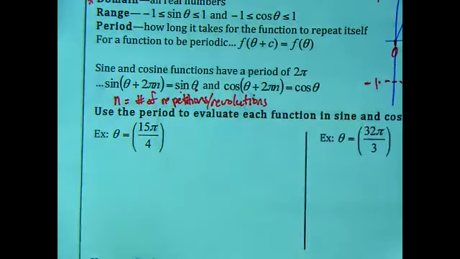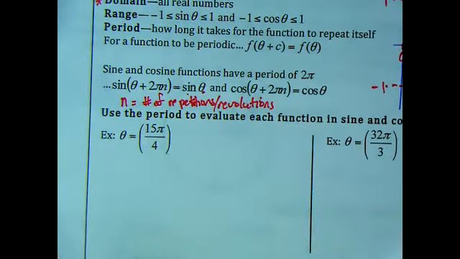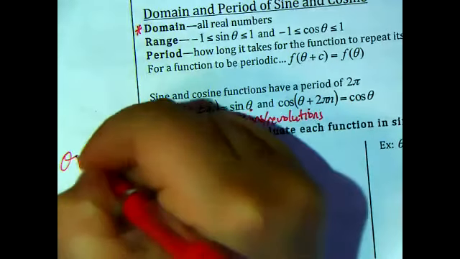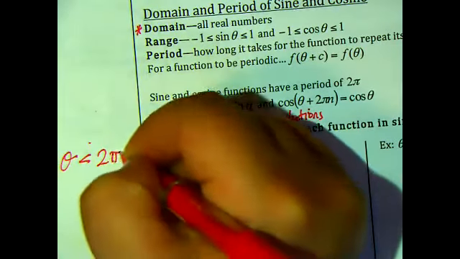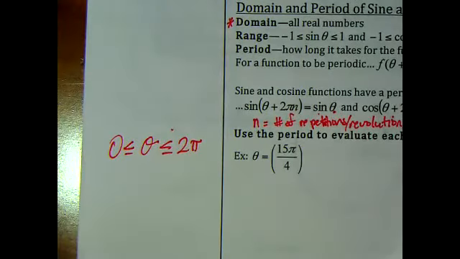So in order to make our lives easier, if theta is greater than 2 pi, we bring it down to an angle between 0 and 2 pi. That's our goal here.